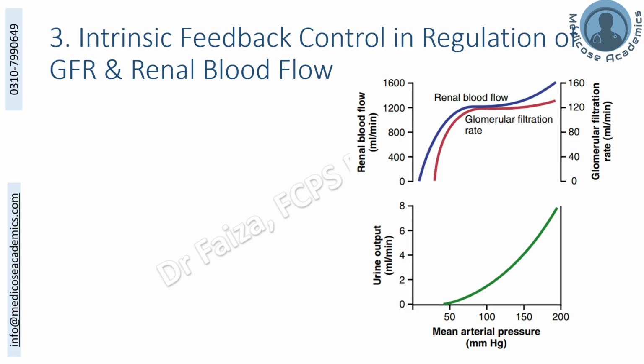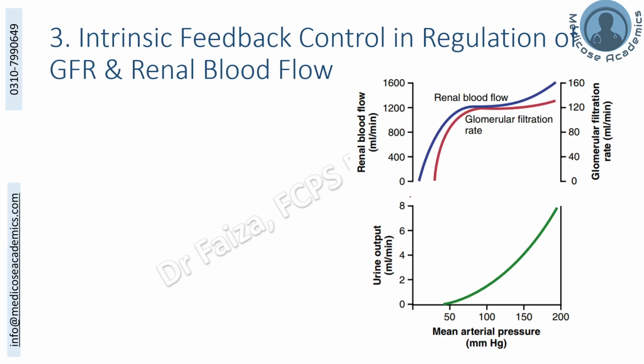Now, the third point, intrinsic feedback control in regulation of GFR and renal blood flow, is the third limb of how the body regulates GFR and renal blood flow, and it includes two mechanisms, the tubuloglomerular feedback and the myogenic mechanism. So how do you define it? On the first hand, this is autoregulation.